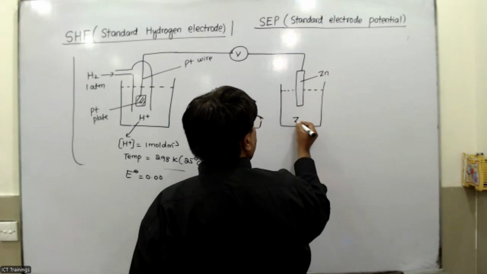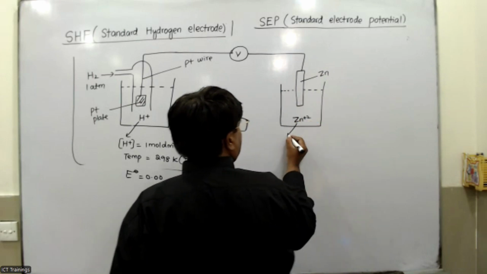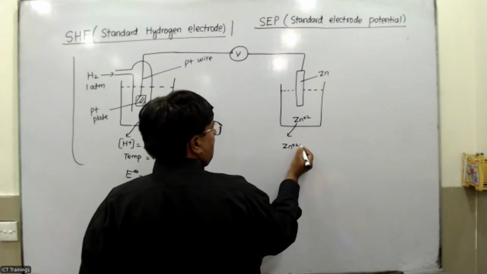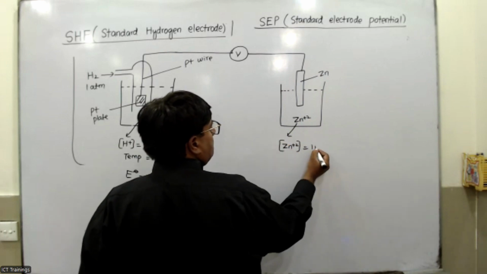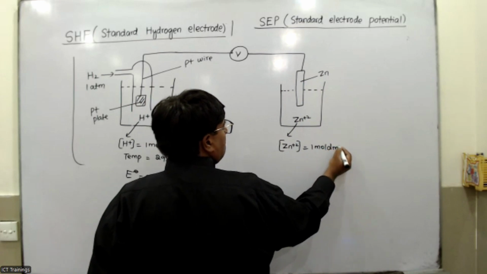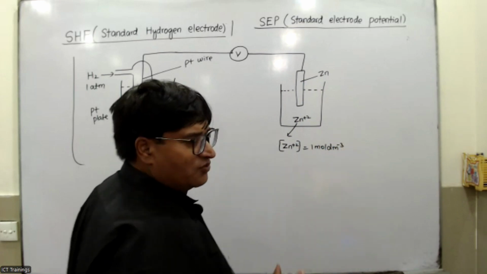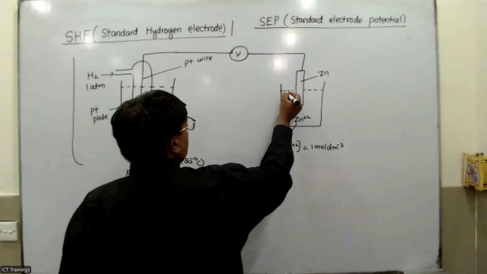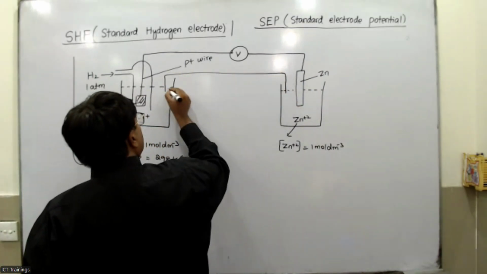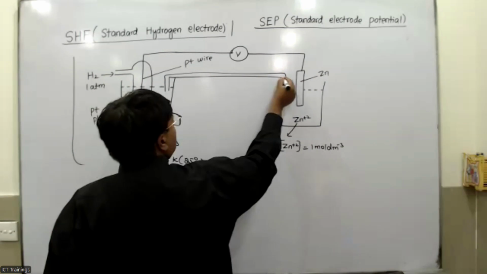The concentration of zinc ions should be 1 mole per dm3. The concentration of ions should always be 1 mole per dm3. Now you should join the solutions by putting a salt bridge up here. So this is the salt bridge.